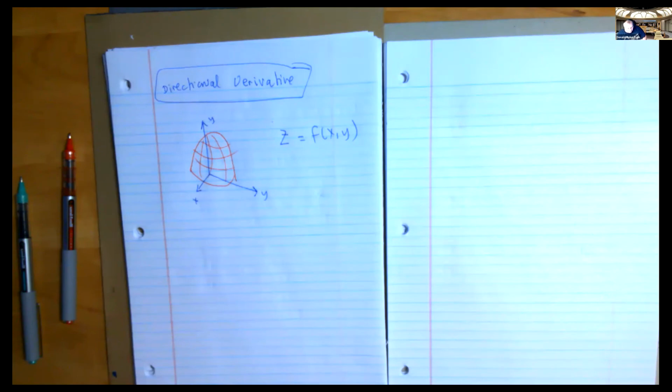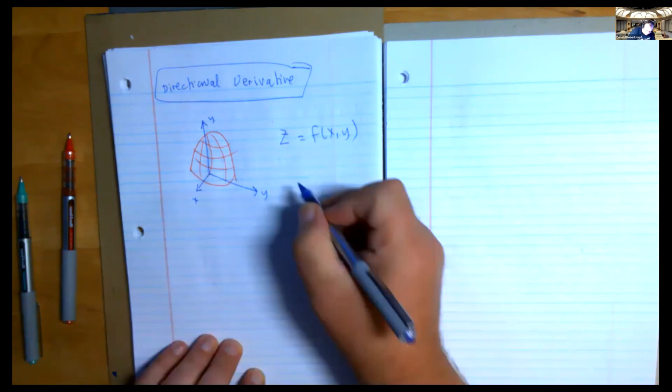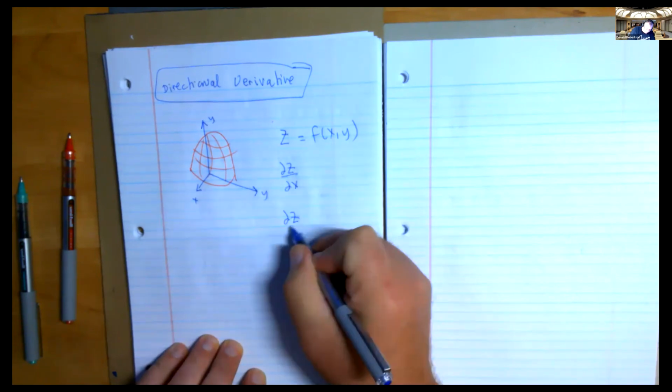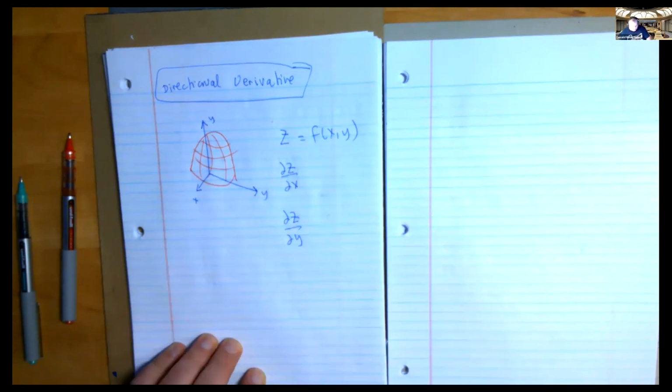If you think about what a directional derivative does, it's closely connected to what we've already done. When I do a partial derivative with respect to x or with respect to y, I'm essentially doing a directional derivative.